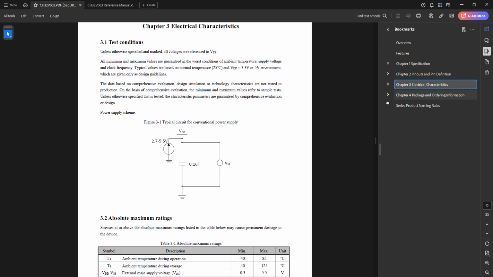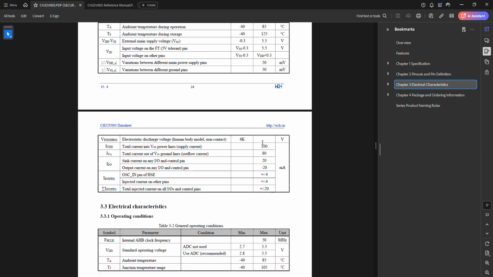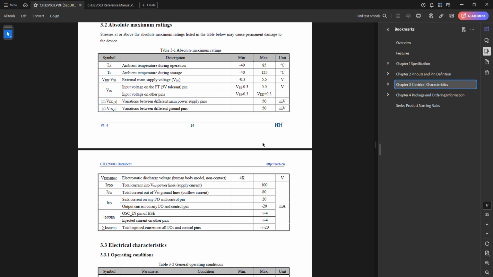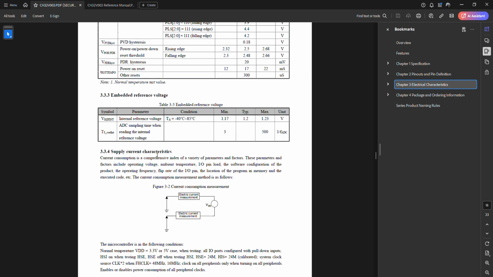And if we see the electrical characteristics, we can see how much voltage the pins can tolerate, what the conditions are for current sink and current source, and other related things.